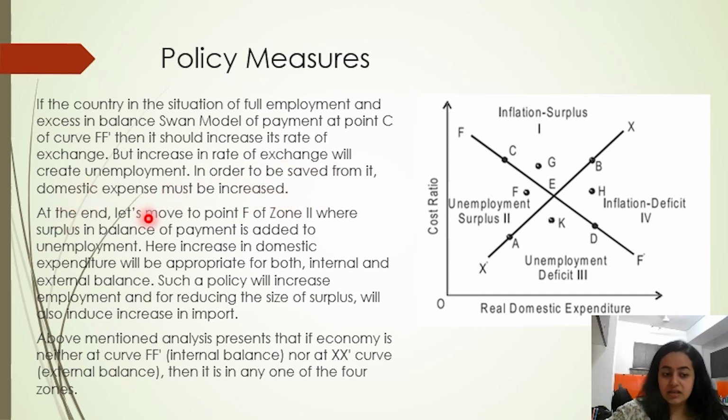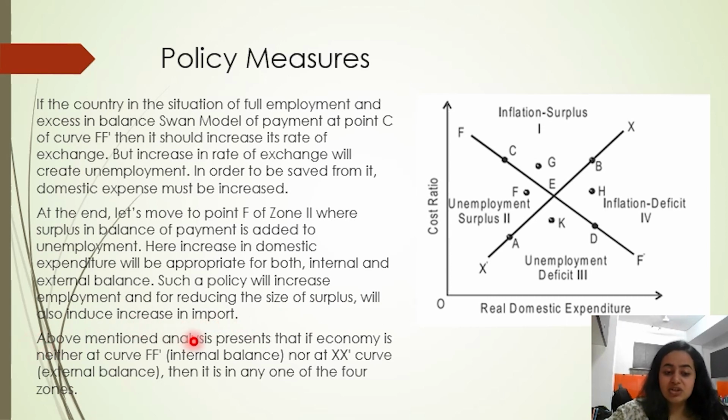At the end, let's move to point F of zone 2, where a surplus in the balance of payments is added to unemployment. You see surplus and unemployment. Here an increase in domestic expenditure will be appropriate for both internal and external balance. Such a policy will increase employment and, for reducing the size of the surplus, will also induce an increase in imports.